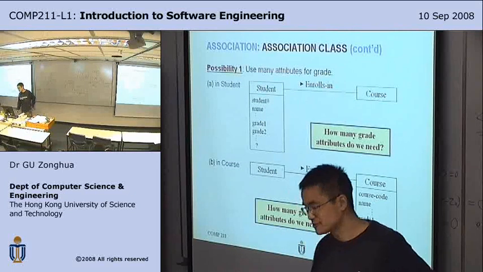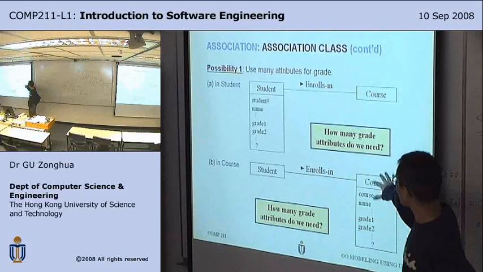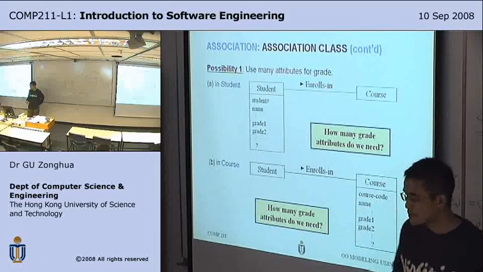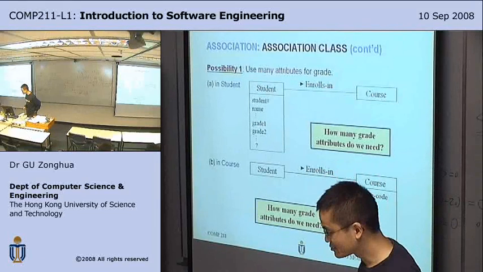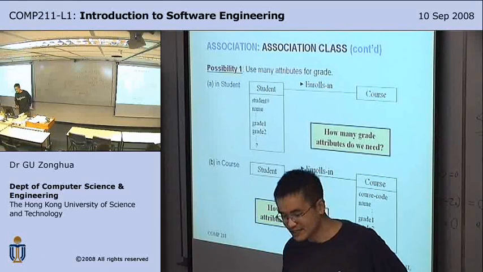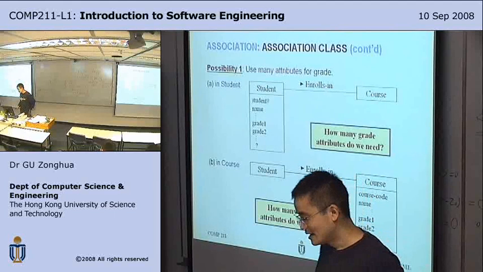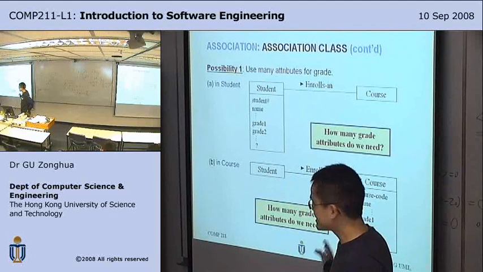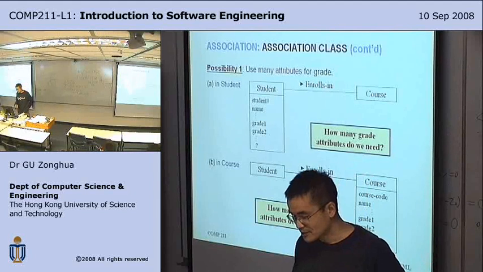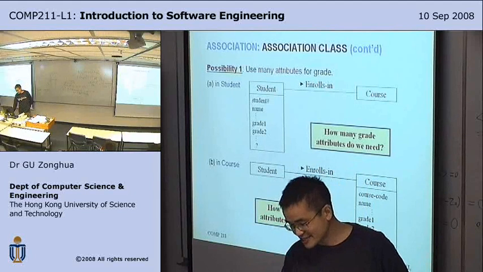So of course you can solve this problem by putting the maximum number of attributes. Say a student can take a maximum of 40 courses just to be safe. Then many of the grades will be invalid. So that's a solution, but it's a really ugly solution.